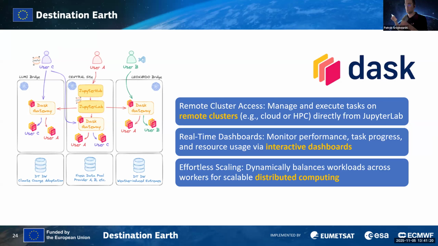Within the same analysis, if you want to make some analysis with Sentinel data, you can run your job on the central site. And finally, for some analysis with EUMETSAT data from Metop, you can schedule your job on EUMETSAT in the Darmstadt bridge.